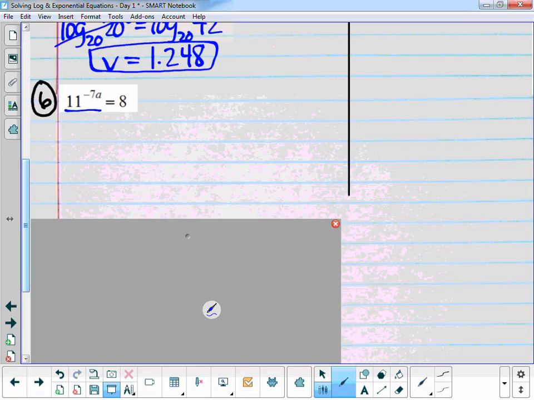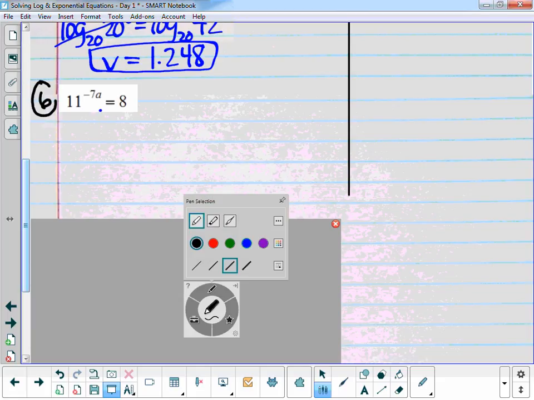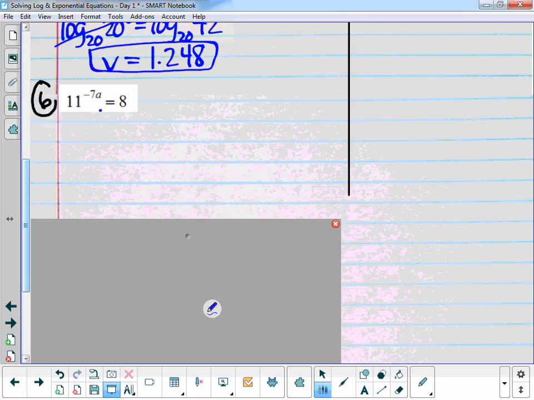We don't have like negative 5 plus this or anything. So then we want to take the log of base what of each side? Log base 11 of 11 to the negative 7a equals log base 11 of 8.